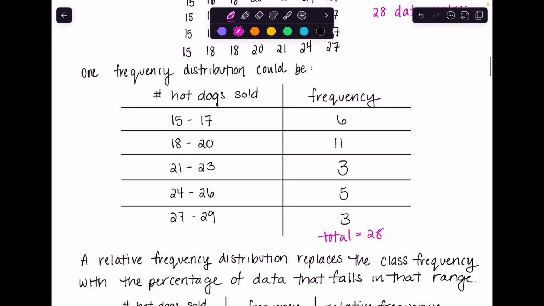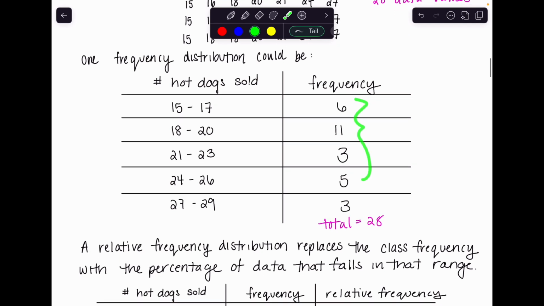Now, also associated to this is something called a relative frequency distribution. And relative is always going to be basically a size comparison. So instead of just listing the frequency like I have here, I'm going to find the percentage of data that falls into that category.